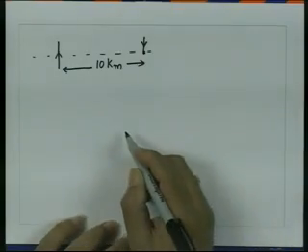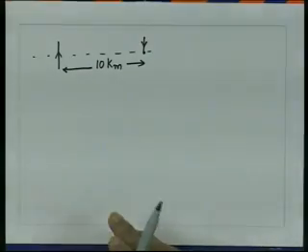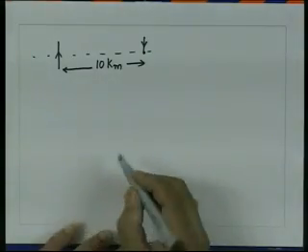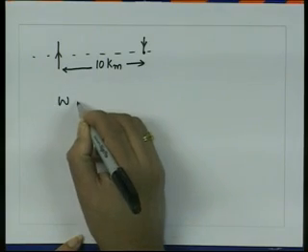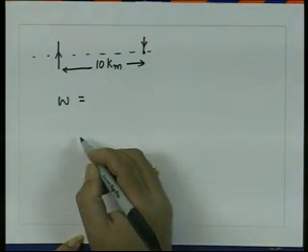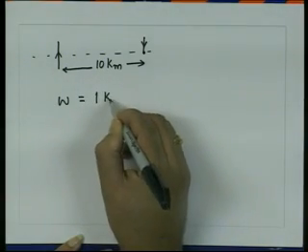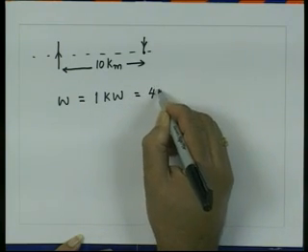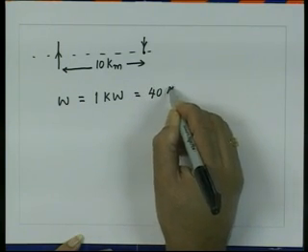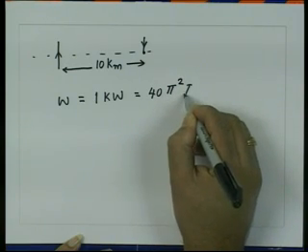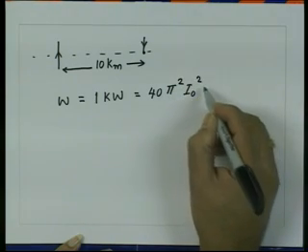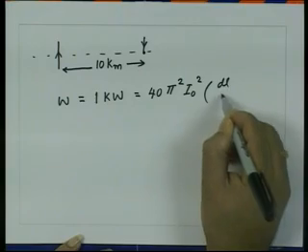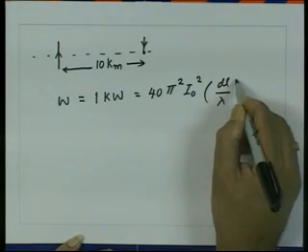So, first we have already derived the expression for the total power radiated by the Hertz dipole. So, we know that the power radiated W is 1 kilowatt, that is what is given, that is equal to 40 pi square I naught square dl upon lambda whole square.